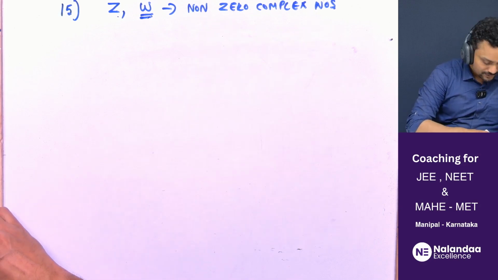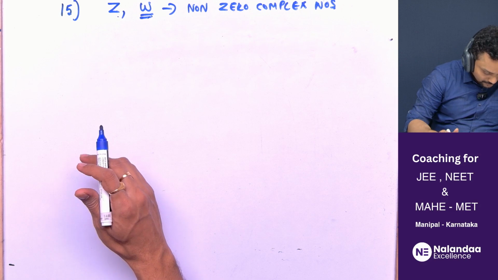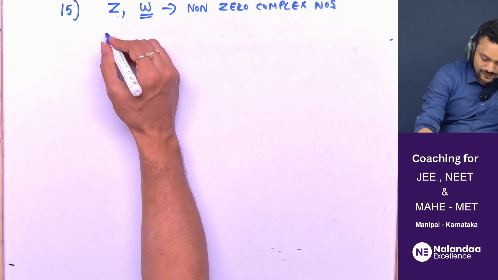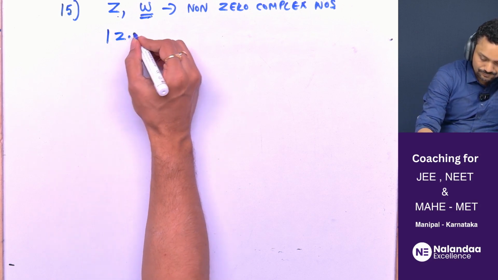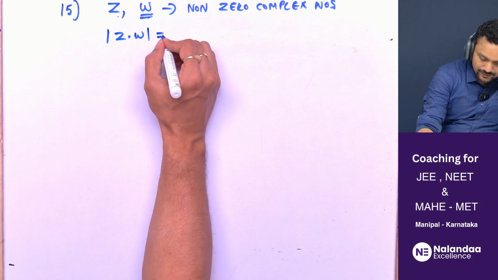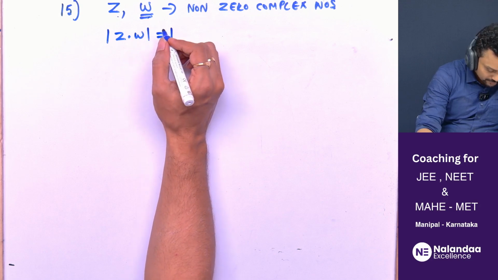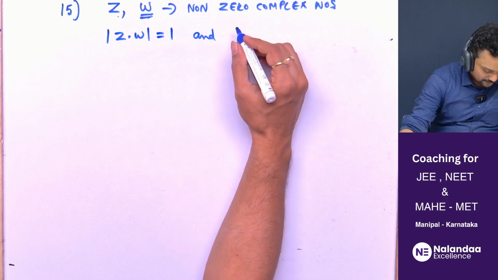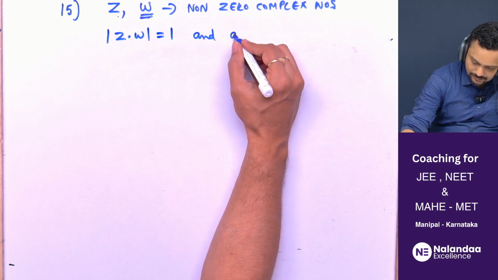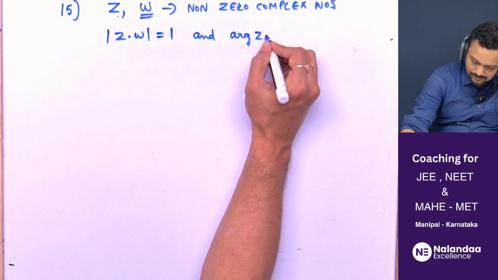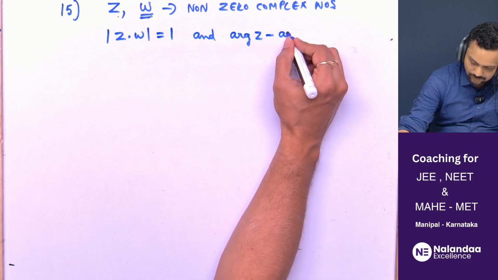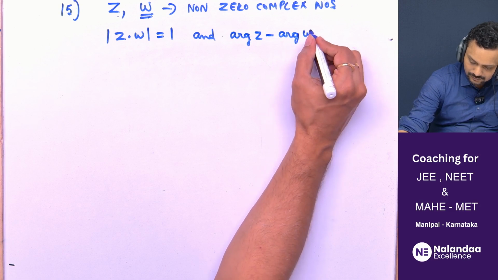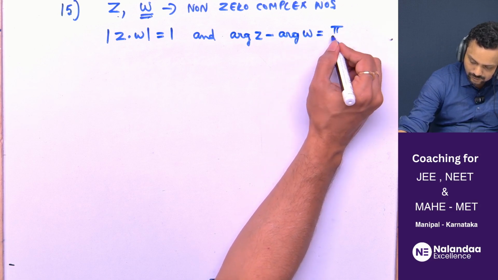It is not a standard omega, such that mod of z into omega equals 1. So they have given like this, mod of z into omega equal to 1, and also they have given argument of z minus argument of omega equal to pi by 2.